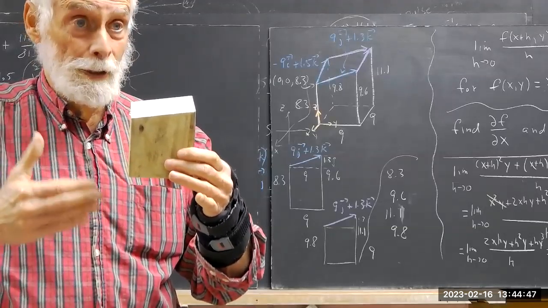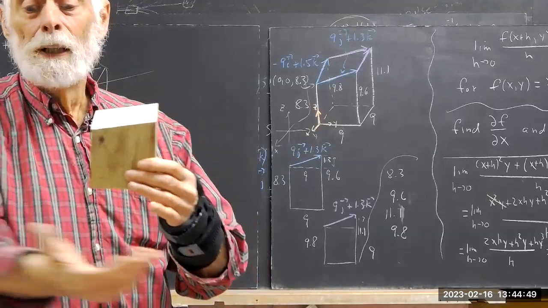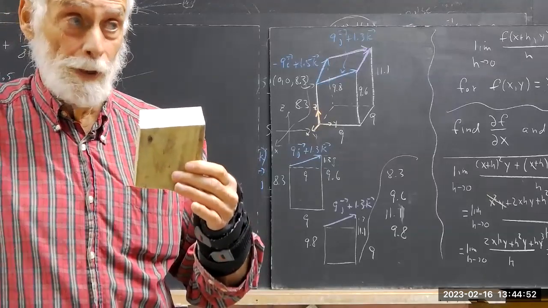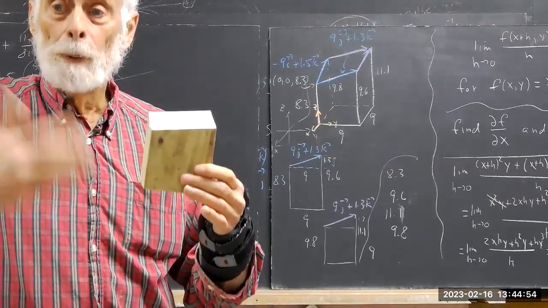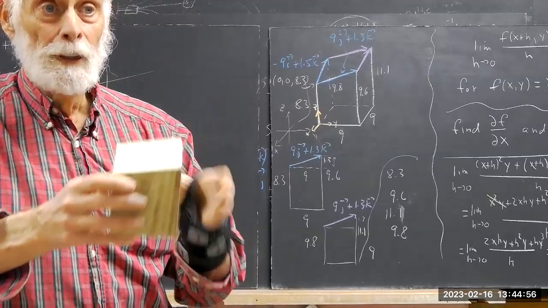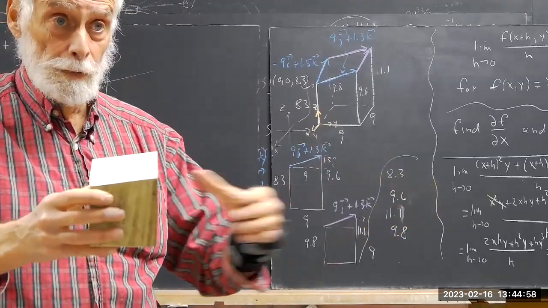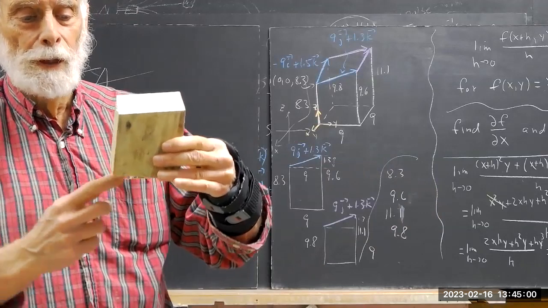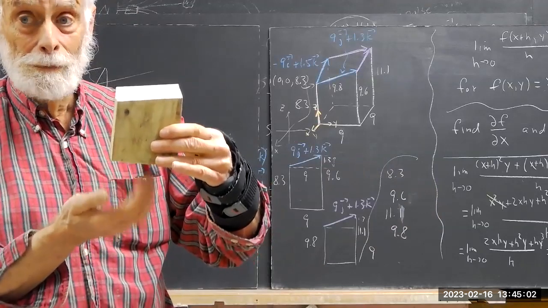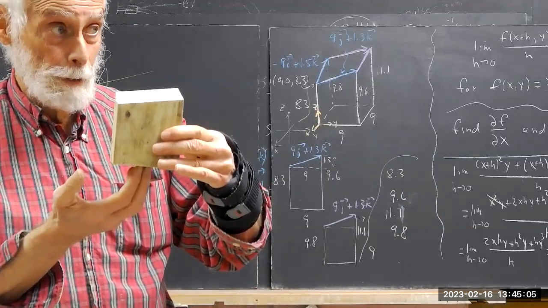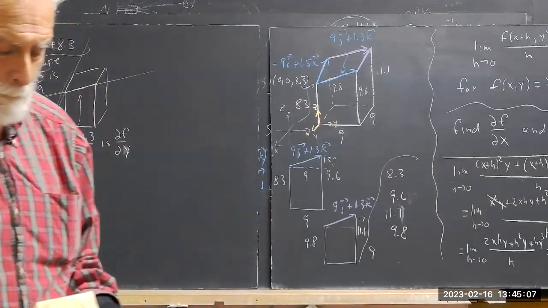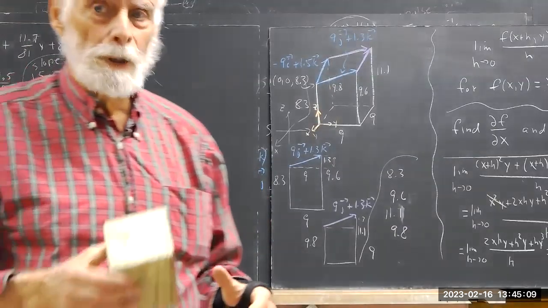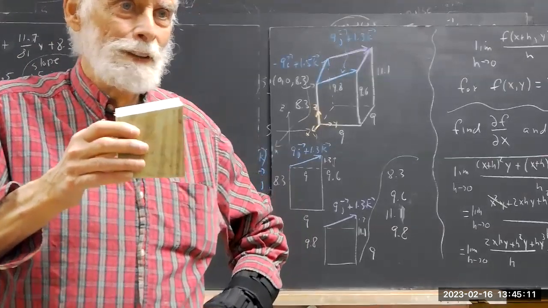So I partition my region down here in the XY plane. I partition X as well as Y. If I partition X, I get a bunch of intervals. If I partition Y, I get a bunch of intervals. And if I put two of the intervals together, I get a little rectangle, like the base of this stuff.